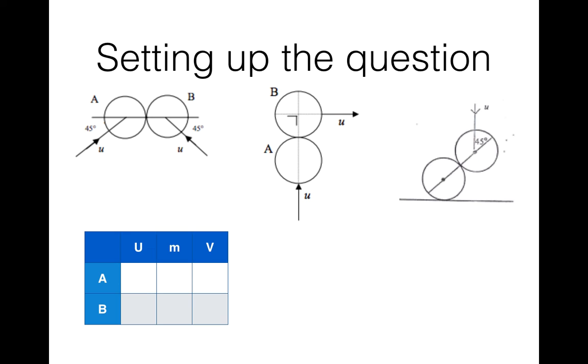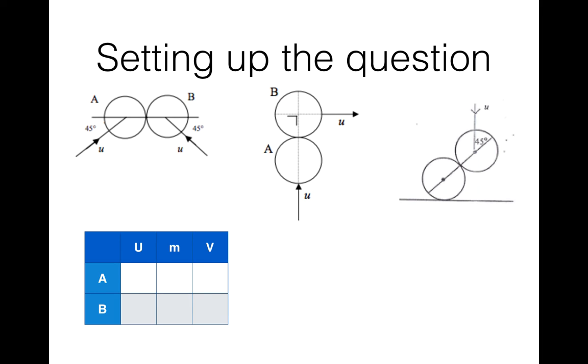The thing to remember here, I've said it already: for the first diagram, the line joining the centres is horizontal, so the I component changes and the j component stays the same. For the middle diagram, the line joining the centres is vertical, so the j component changes and the I component stays the same. And for the third one, I would rotate the plane.